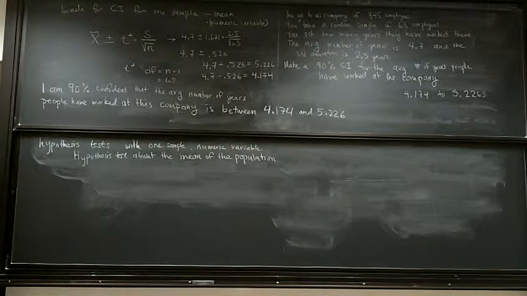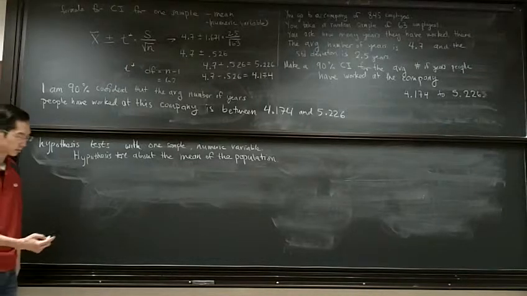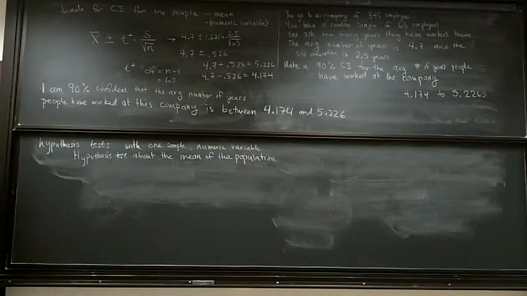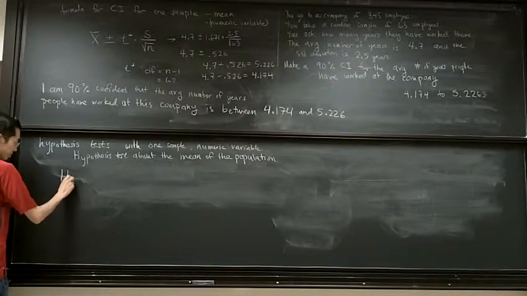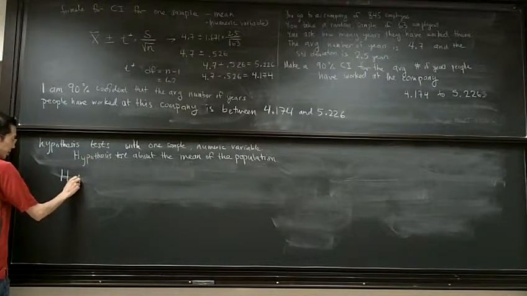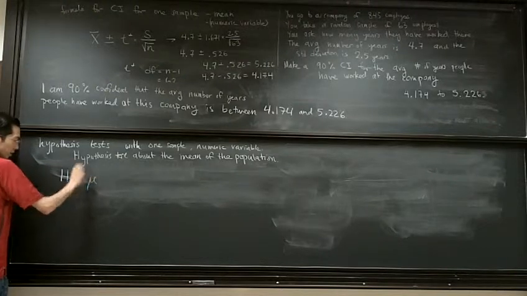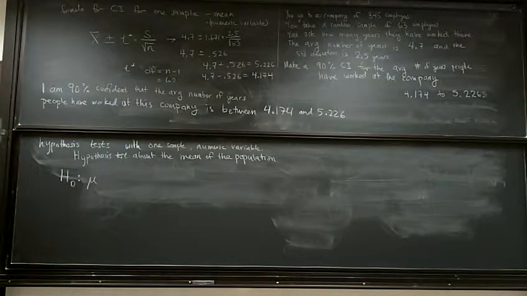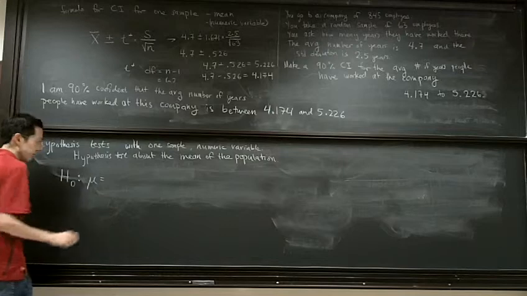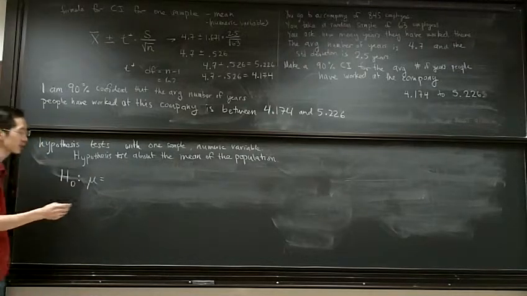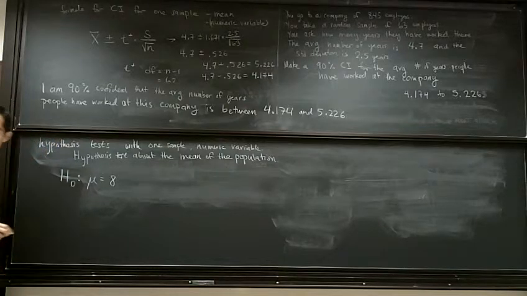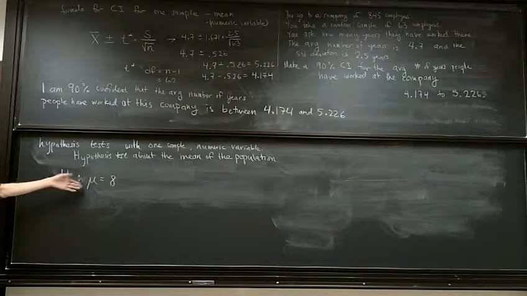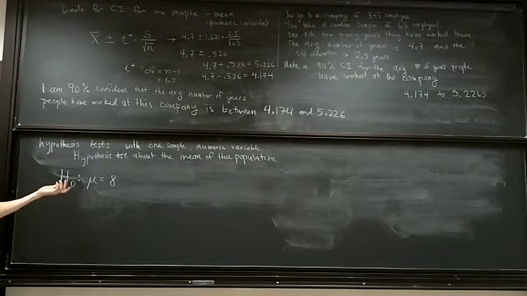So, for a hypothesis test, one sample numeric variable, your null hypothesis will be that the population mean mu is equal to some number. And I'm just going to make up a number here, not necessarily this for all problems, but your null hypothesis is that the mean of the population is some number like 8.